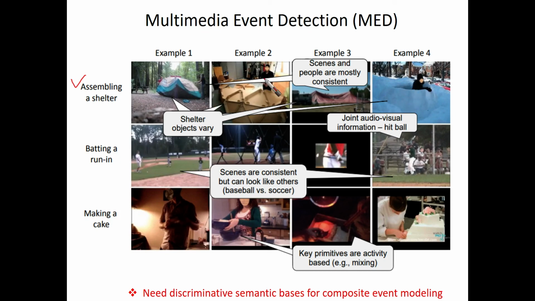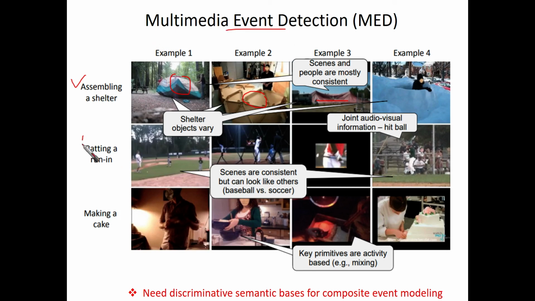There are people and scenarios that are a little bit scattered, but those are consistent. But the shelter object varies. The shelter object here is like this, maybe some kind of tent, but here it is completely different, and here it is also different. So we need to find out what is consistent and what the variations are, and then based on that we need to find what the event is.